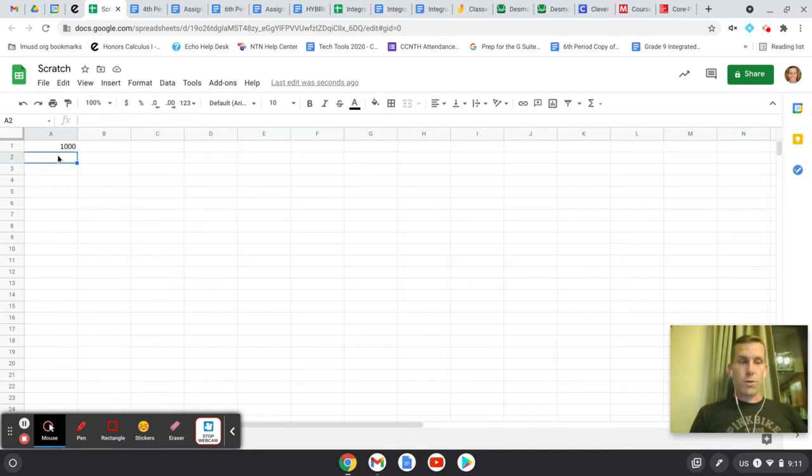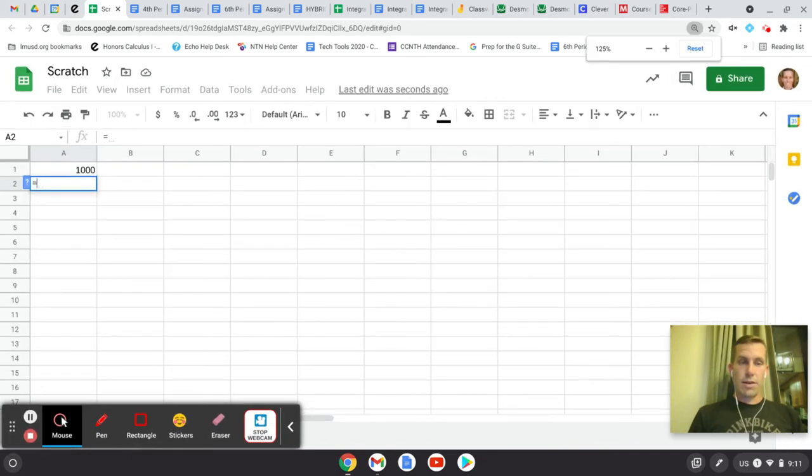So I need to write a formula in Google Sheets, and you're going to be using a formula to answer some of the questions in today's classwork and homework. You always need to start a formula in Google Sheets with an equal sign. So I'm going to type an equal sign. And then let's say I want to do the same money formula that I did before.